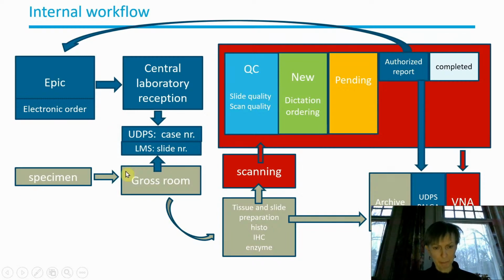But in the gross room, every block will also get individual numbers, and then later on, if the tissues are prepared, they will also be individually labeled to be able to track them.